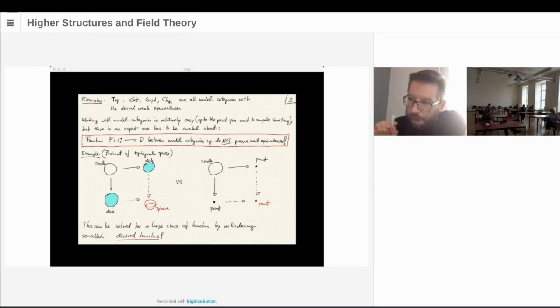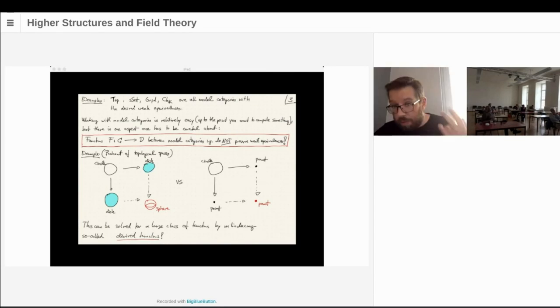But there is one aspect in working with model category theory one has to be super careful about. Namely, when you have functors between model categories, so F is now a functor between a model category C and a model category D, these functors are in general not compatible with weak equivalences, which is bad, because functors in ordinary category theory, of course, preserve isomorphisms, but functors in model category theory do not automatically preserve weak equivalences.